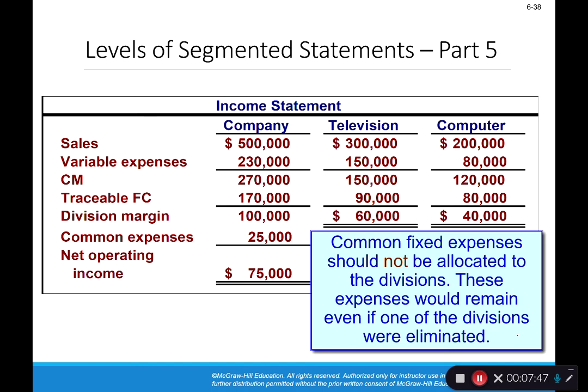But there are common fixed costs like the CEO's salary that would not get allocated, but are still costs for the business when determining the net operating income for the business as a whole. So you could see that the business is only making $75,000, even though the television and computer division are combined adding $100,000 to the bottom line. And the reason for that difference is those common fixed costs.